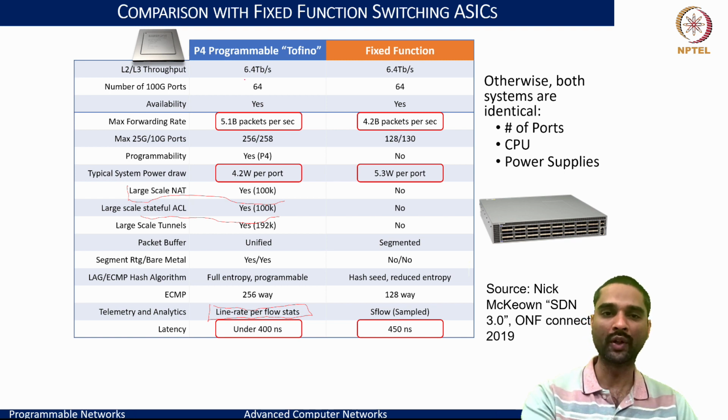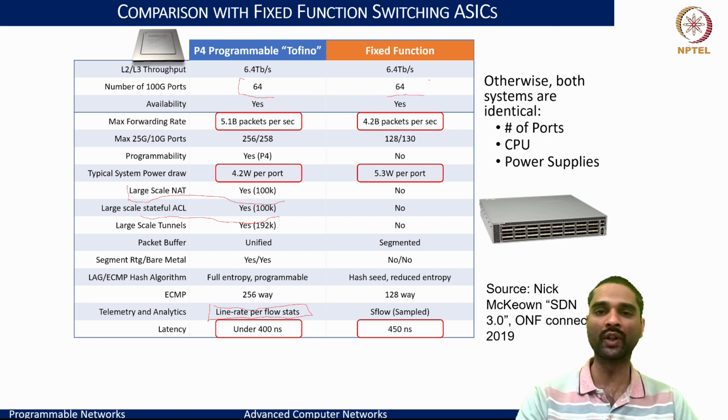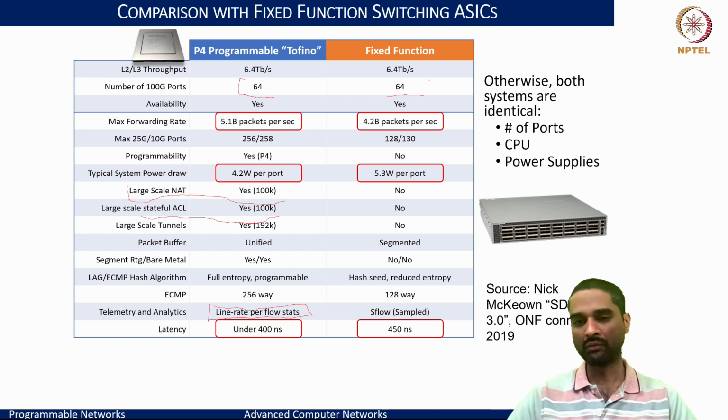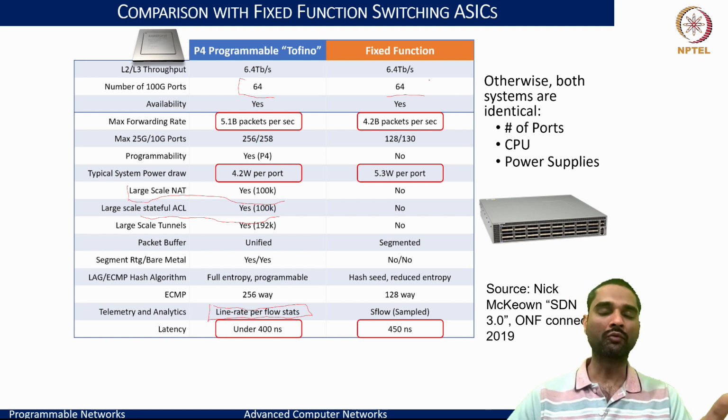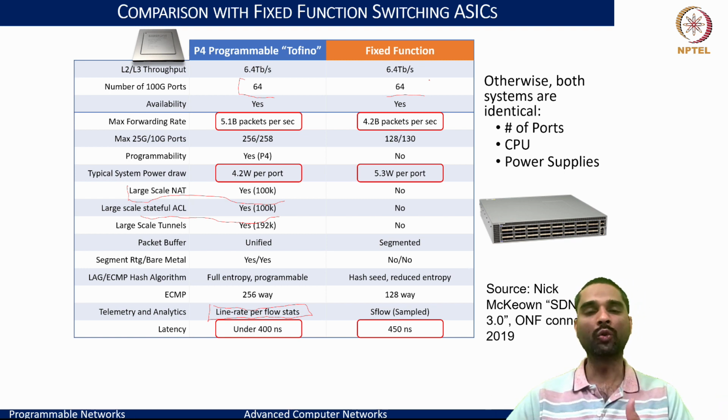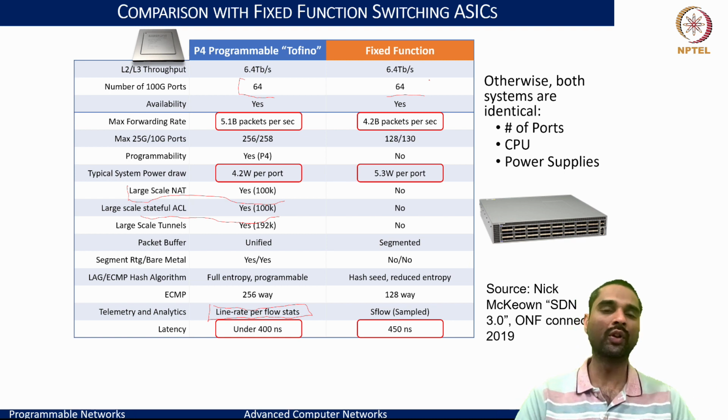The number of 100 gig ports is around 64 in both cases. So the notion that programmable switches would have degradations in performance or in terms of power is no longer true. And this is where many of these programmable switches have already made inroads into many of the data centers and enterprise networks.